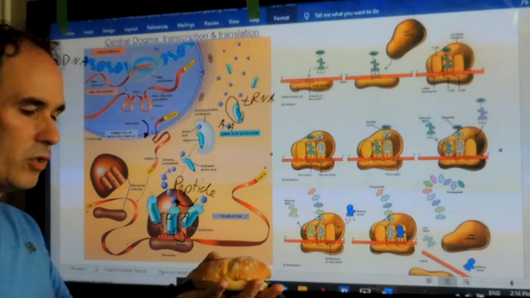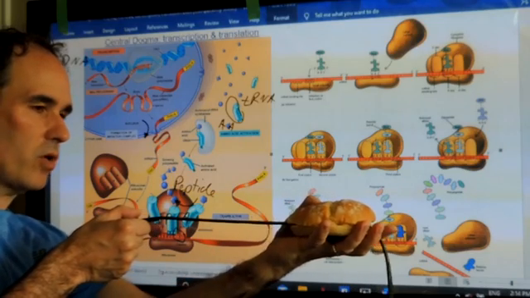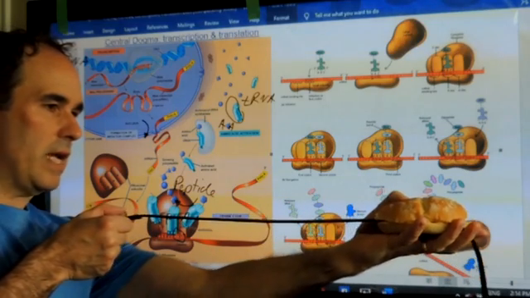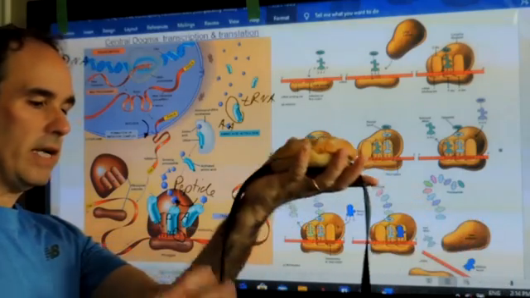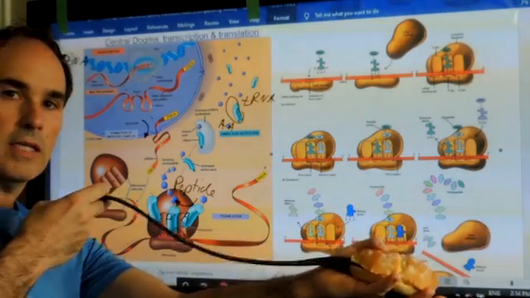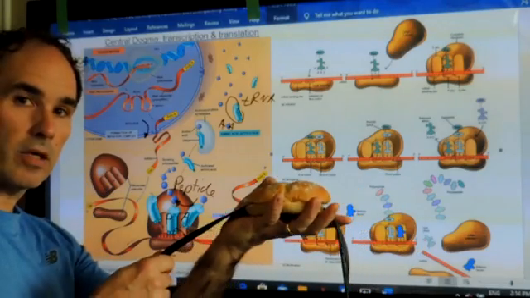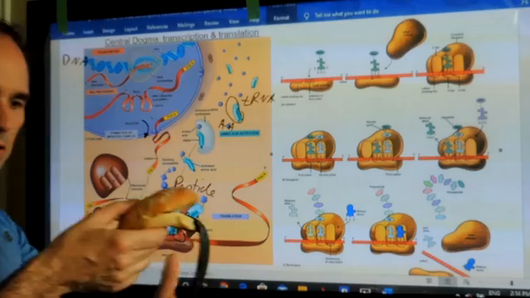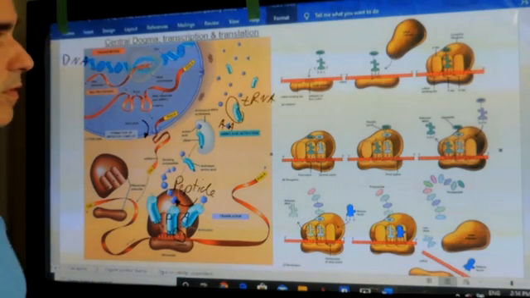And it will actually move along the messenger RNA like this. So the actual ribosome will move along. And we'll learn later that you can actually have many ribosomes on the same messenger RNA at the same time, and that's called a polysome. So let's put this down. Maybe I'll have it for supper later on. And we'll move over here.